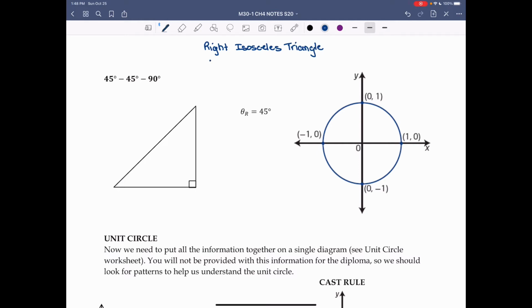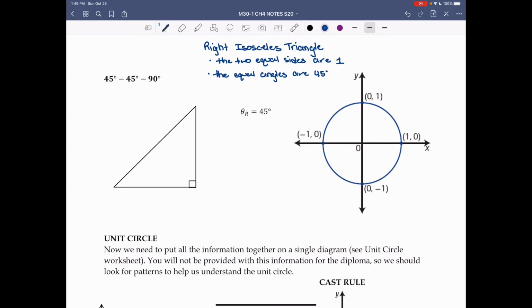In this right isosceles triangle, the two equal sides are 1 unit, and then the equal angles are 45 degrees. We know this because the three angles need to add to 180.